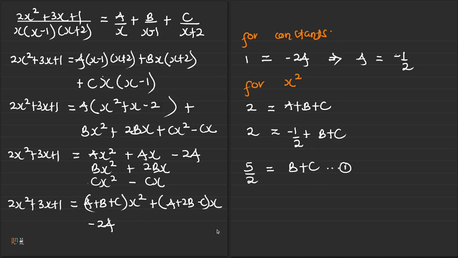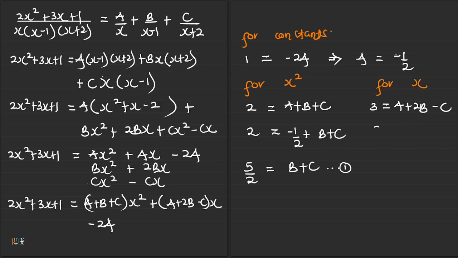Then we come to the x's. Let me just do that beside this. So for x, what are the coefficients of x? We have just 3 over here. So we say 3 is equal to, and then these are the coefficients of x in terms of the variables, a plus 2b minus c.